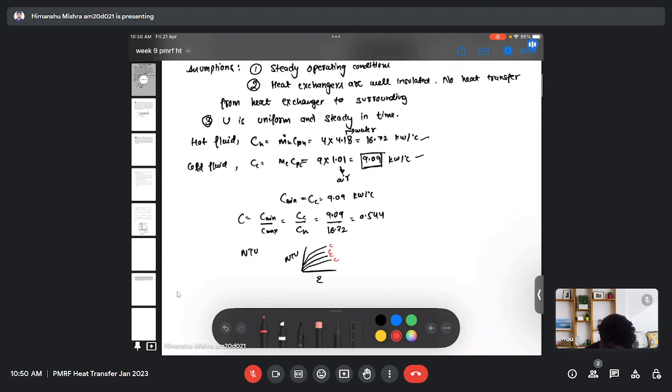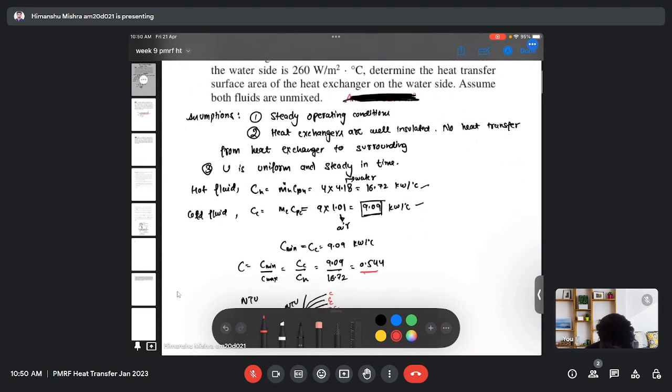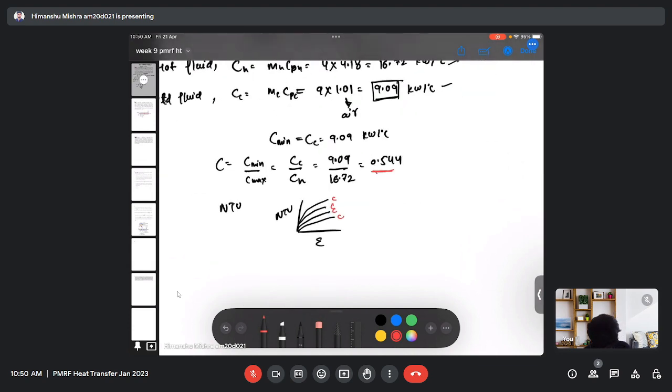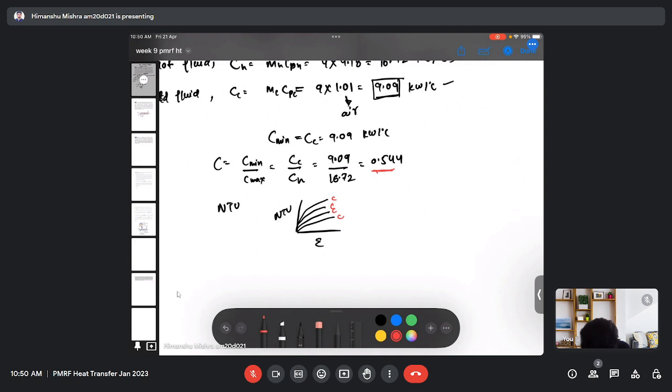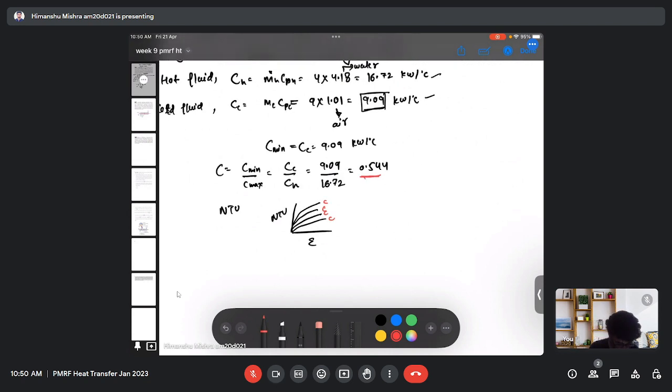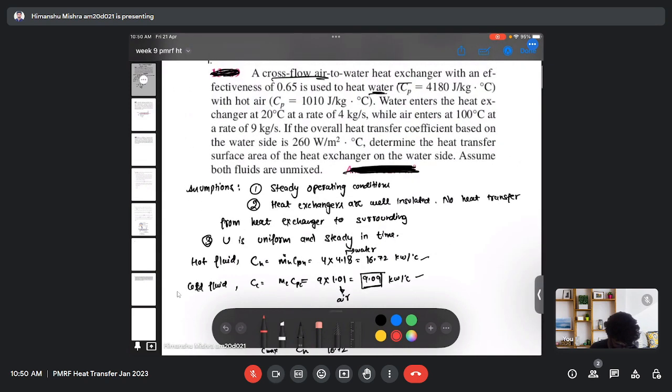So we already have the heat capacity ratio, and we are already given the effectiveness, which is 0.65.